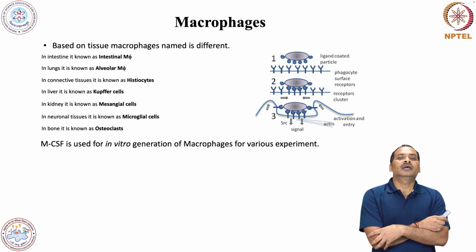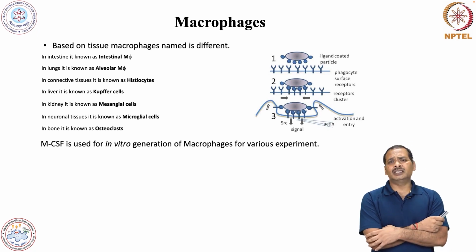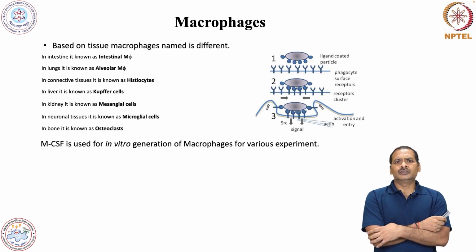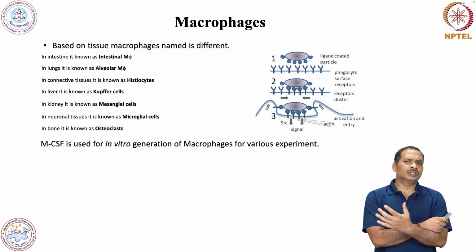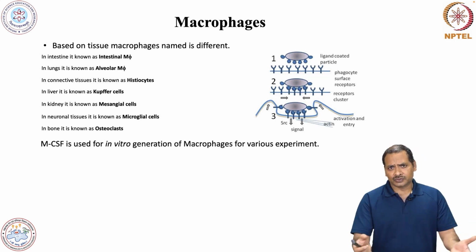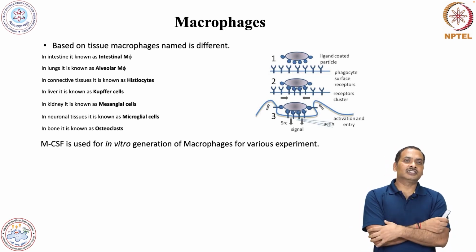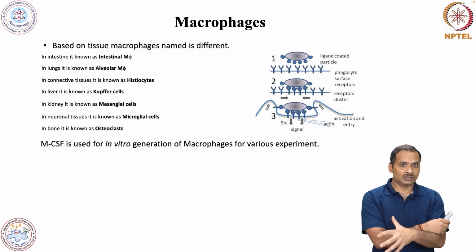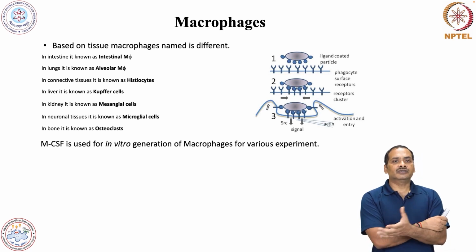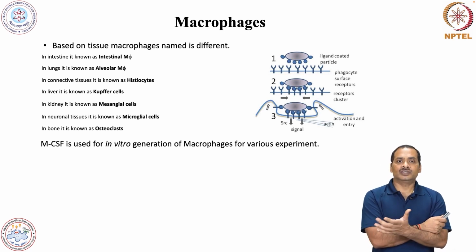Generally we use EDTA to remove these macrophages for further experiments. EDTA takes out calcium ions, and calcium is needed for adhesion. In that way we can prepare macrophages and conduct a variety of experiments.